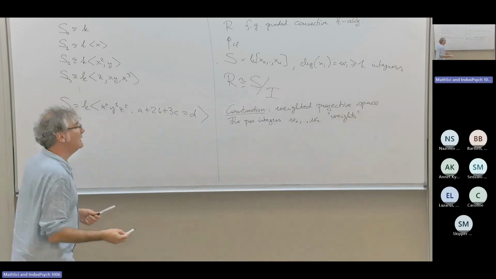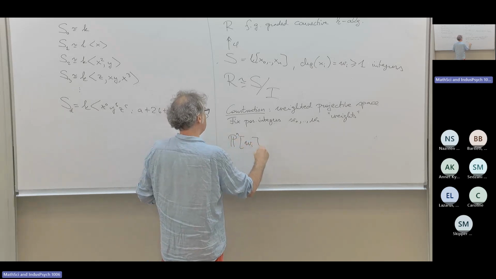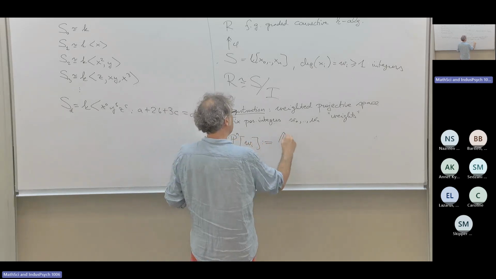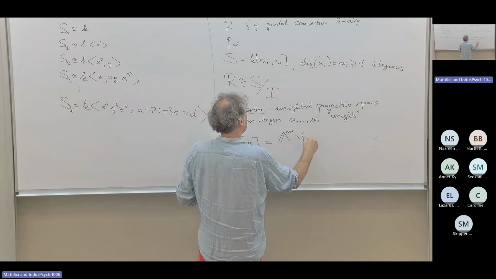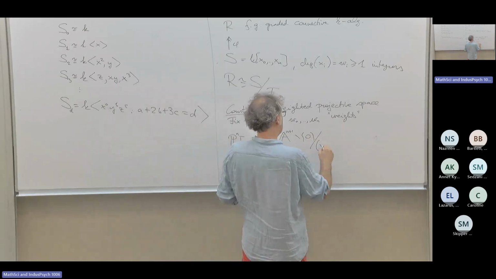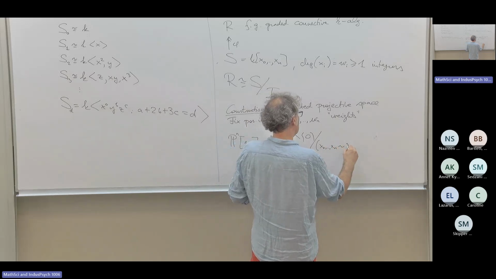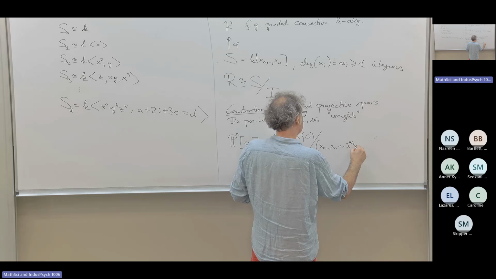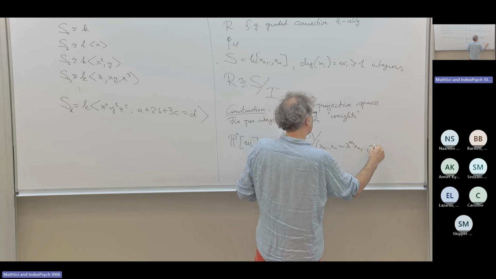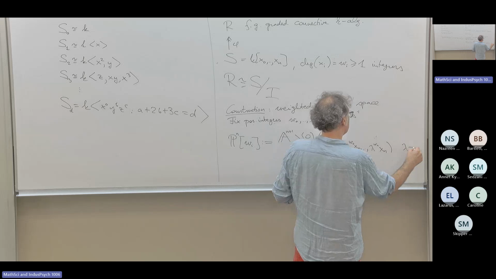And now consider projective space Pn with these weights Wi to be the quotient of A^(n+1), take away the origin, modulo an equivalence relation, which sets (x0, ..., xn) to be equivalent to (lambda^W0 x0, ..., lambda^Wn xn) for lambda non-zero.